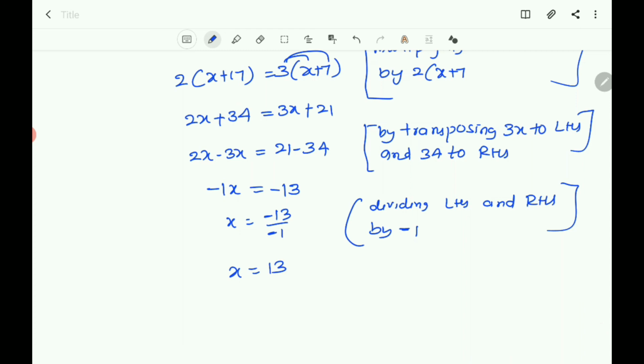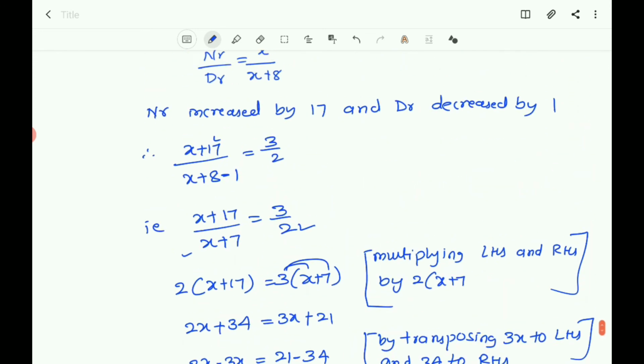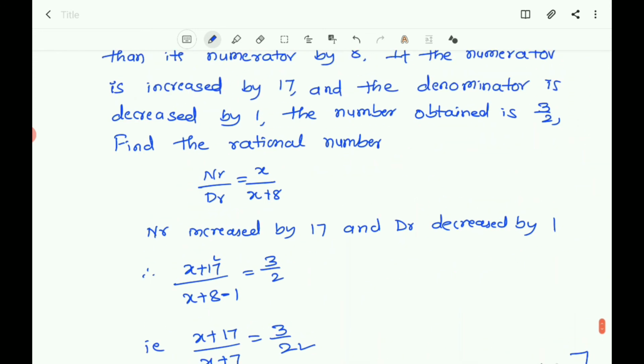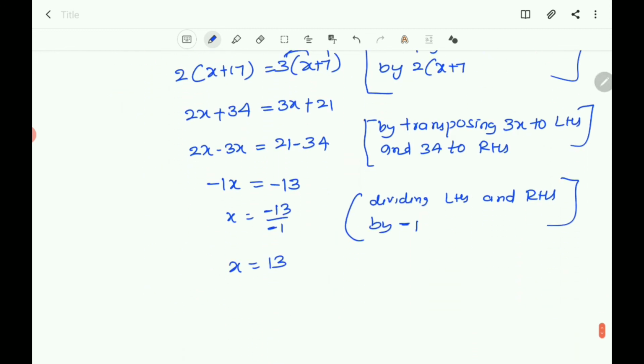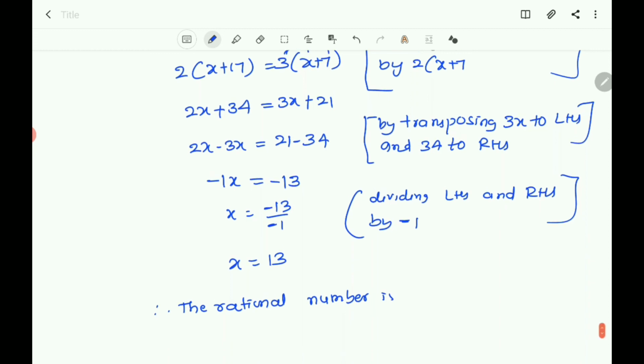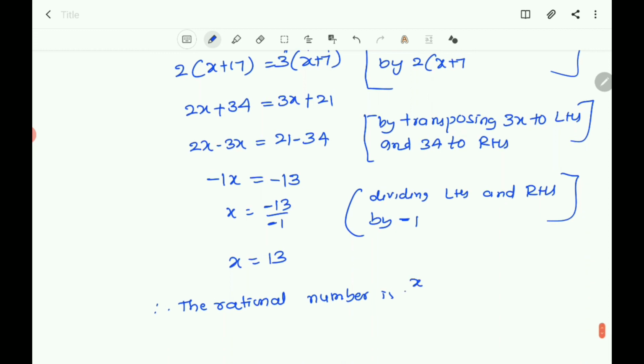Then the number is x by x plus 8. So you write, therefore the rational number is x by x plus 8, that is equal to 13 by 13 plus 8, that is equal to 13 by 21.